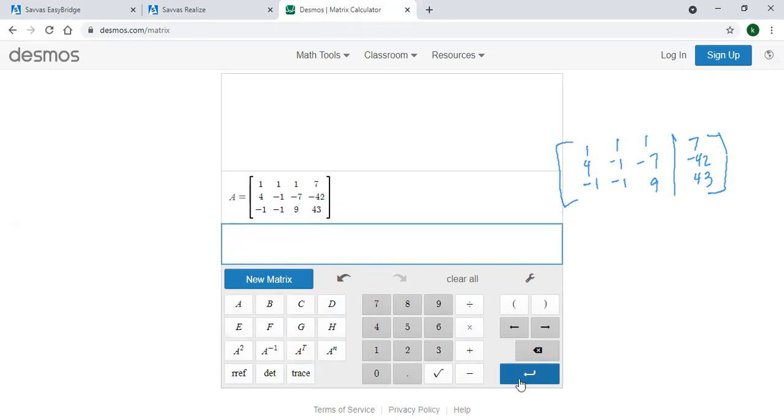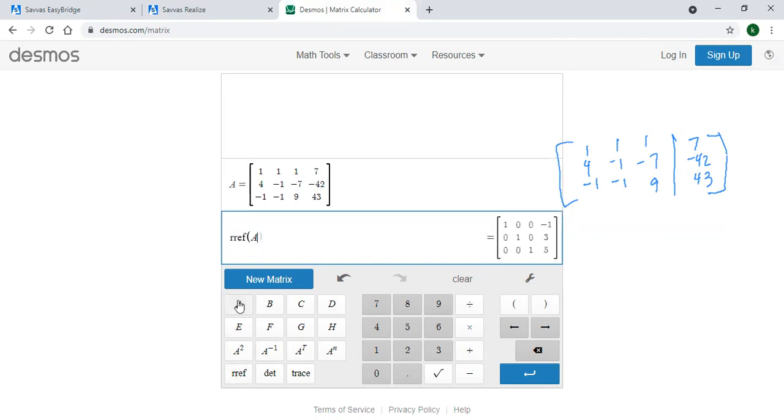We enter that in. And then I want to put this in RREF. It's called the reduced row echelon form. It puts a 1 in the diagonals. And we'll talk about that in just a second. We're going to do that on our matrix A. And when we do it right over here, we have all our answers.